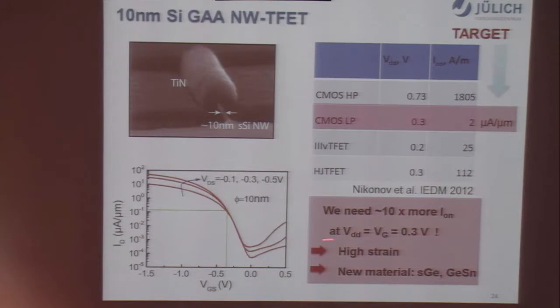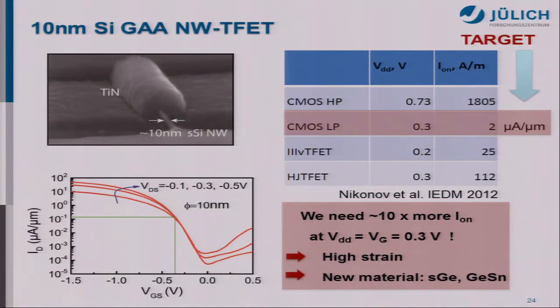So this is why we are trying to increase the strain to reduce the band gap and increase the tunneling probabilities, and we can also introduce some new materials, group 4 materials like strained germanium tin, because these materials can be direct band gap.